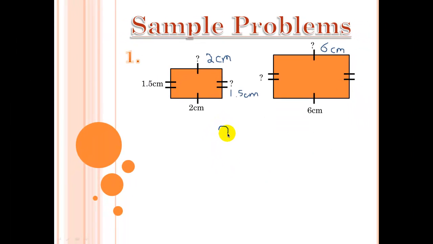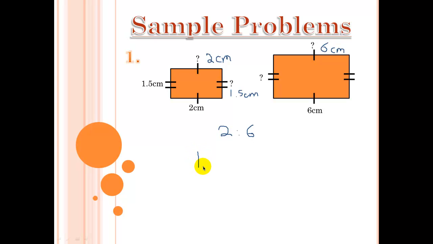First we write down the proportion, which is 2 to 6, and when you divide 6 by 3, you get 2, so use the number 3 to multiply by this side length, which is 1.5.